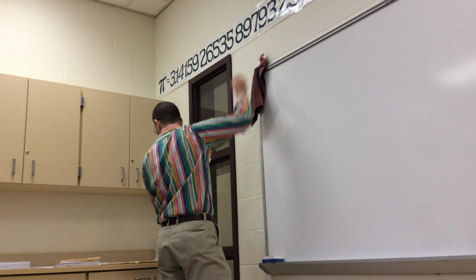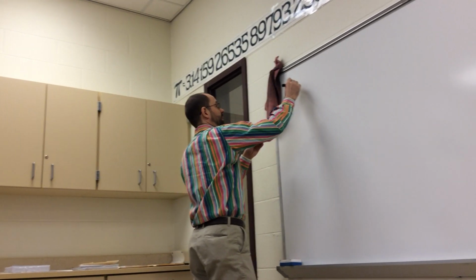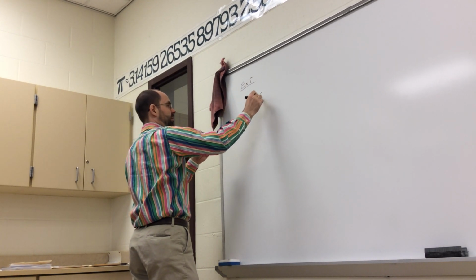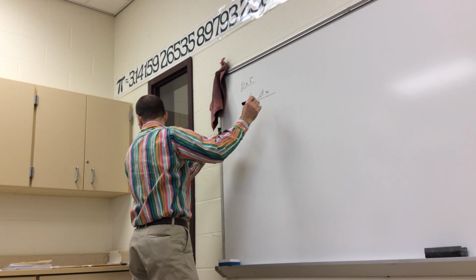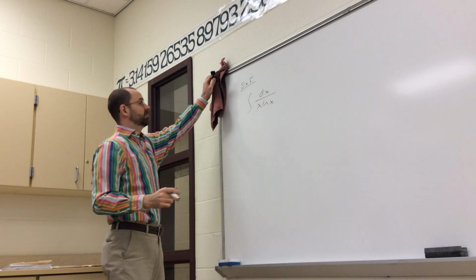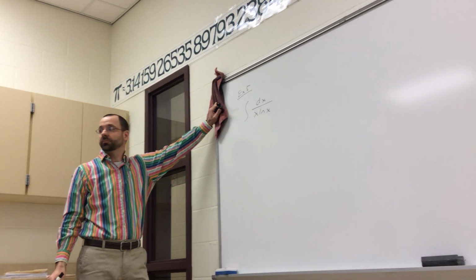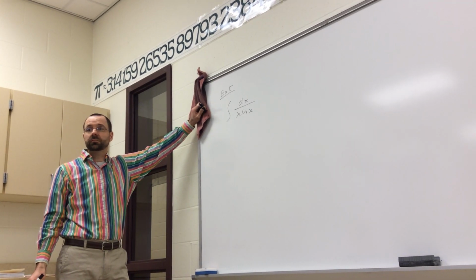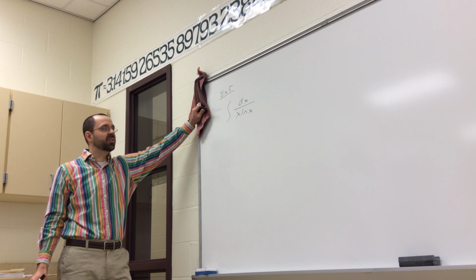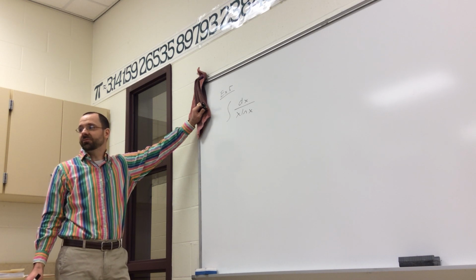All right, so example 5 is the integral of this. The first thing that bothers people is they don't like that dx on top of the fraction, and I can understand why.